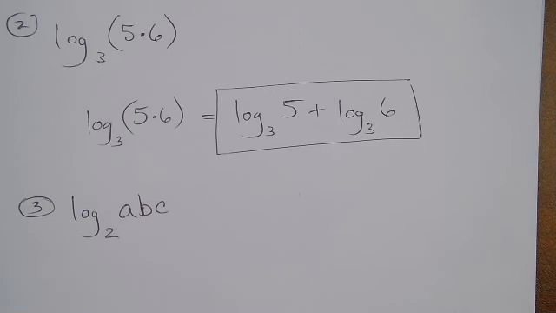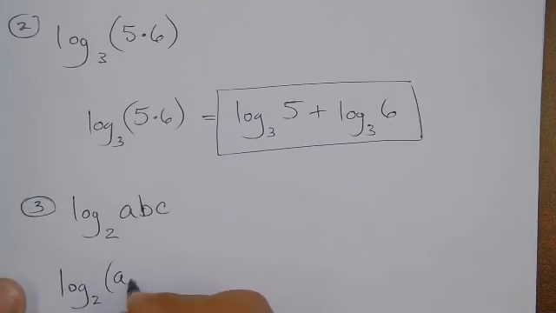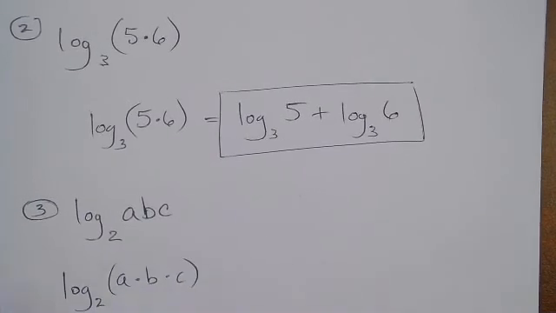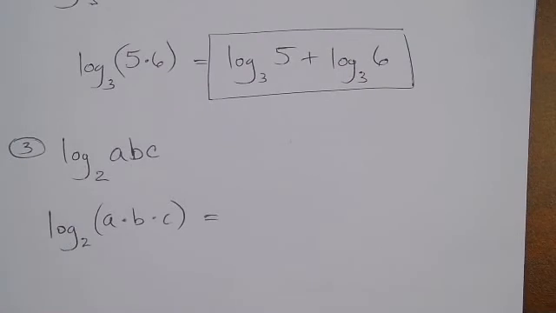What's happening right there? Log 2a plus log 2b plus log 2c. Isn't this multiplication? When you don't see any sign and they're together like that, it's multiplication, yes? You've got to know that. This really is a times b times c.